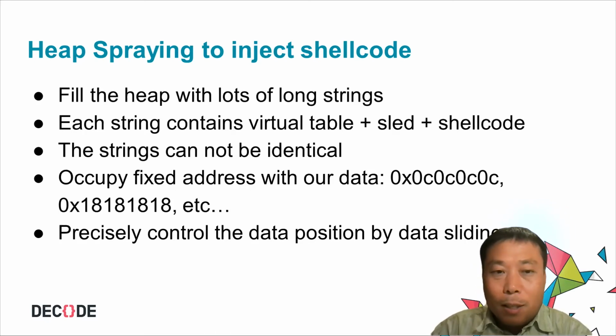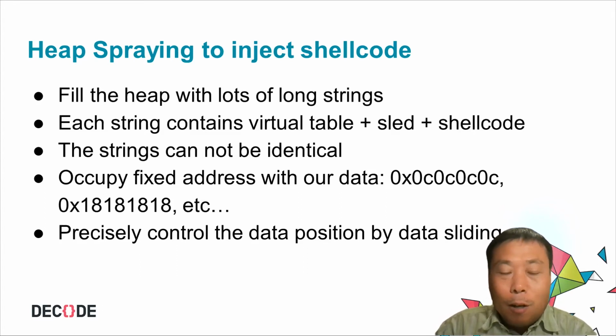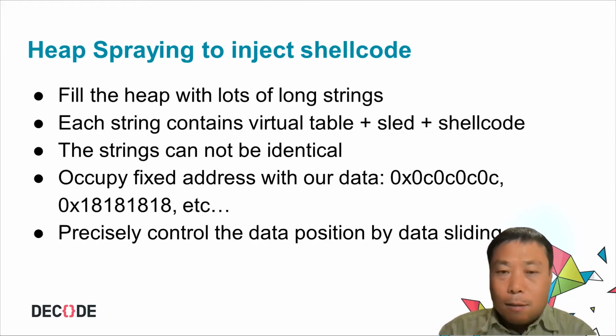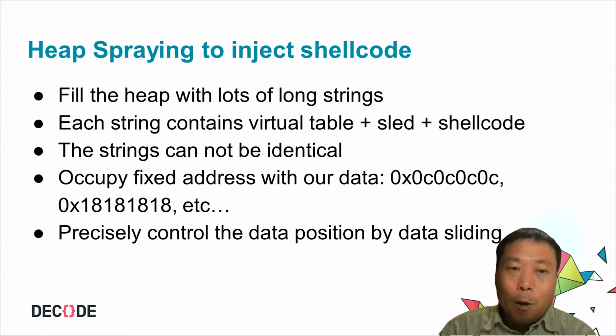There's one thing to notice: the strings cannot be identical. If they're identical, the system will use a single string for all of them. In that case, we cannot occupy a lot of heap memory.